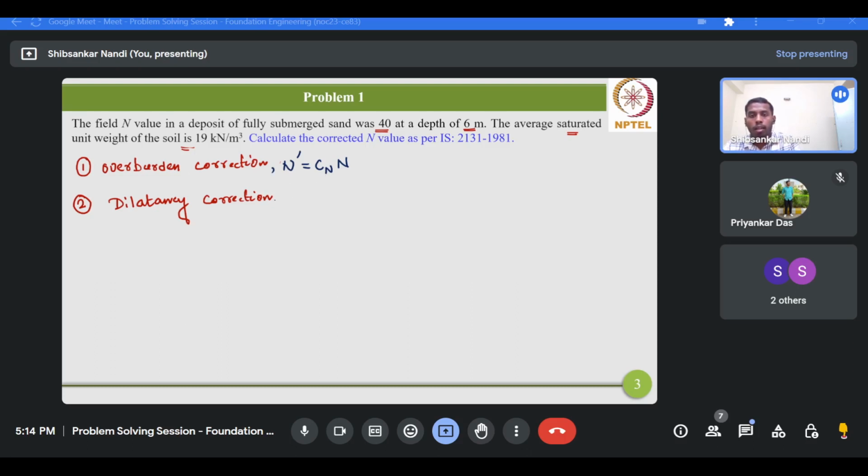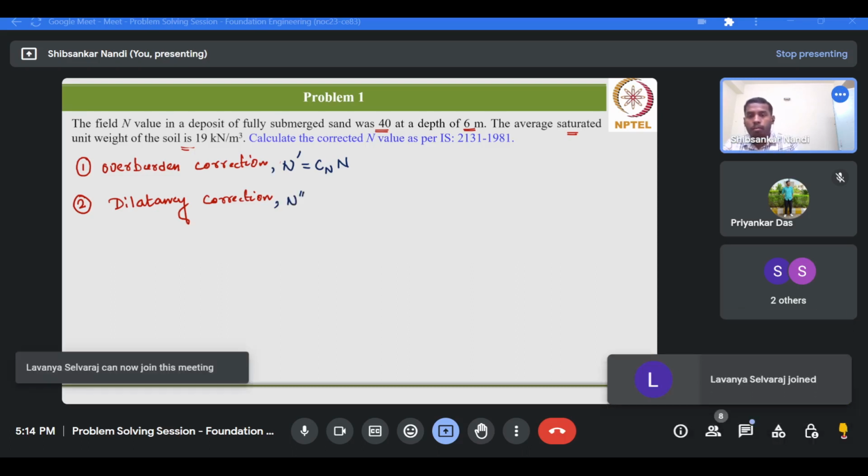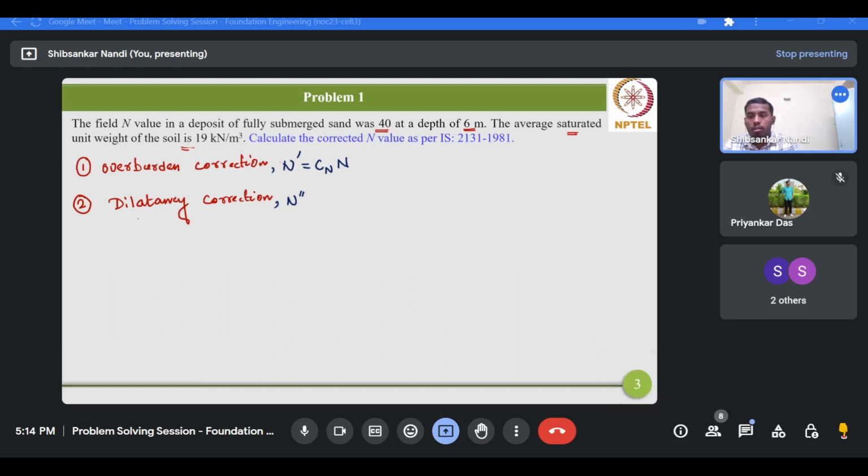Now coming to the next part, that is the dilatancy correction. This correction is applicable for some scenarios. Now what are those scenarios? First of all, the soil deposit which you are dealing with should be submerged or fully saturated fine silty soil mass or fine sand.